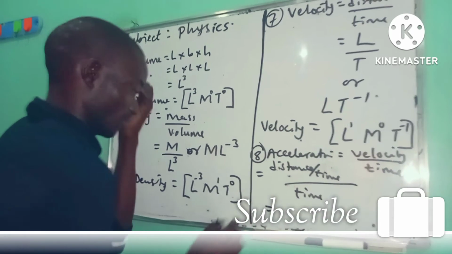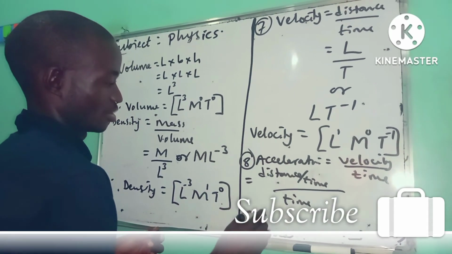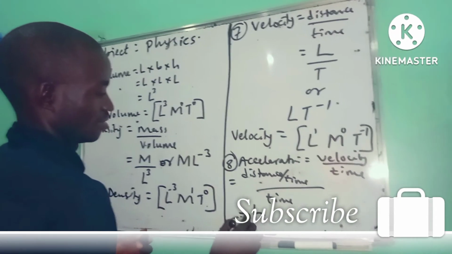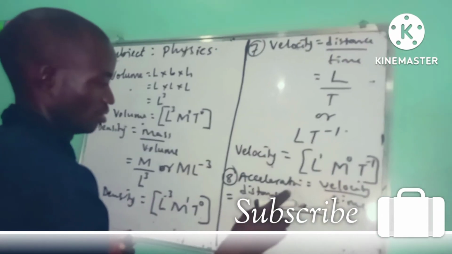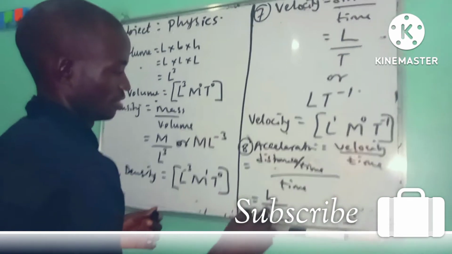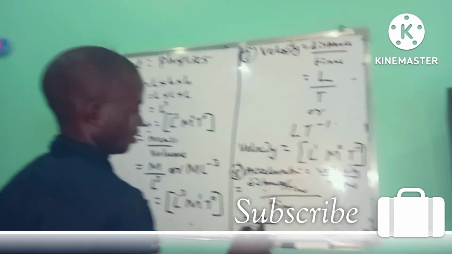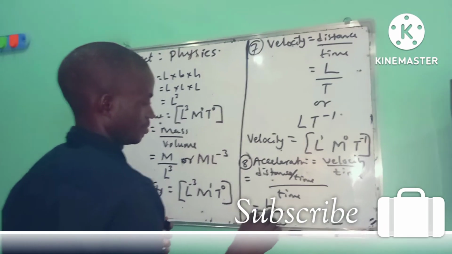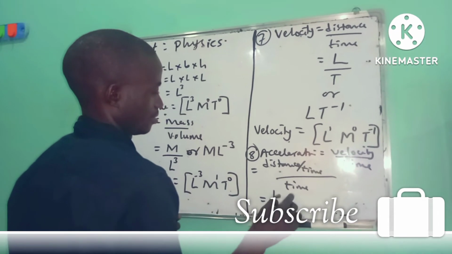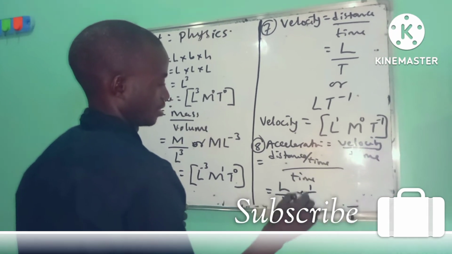This distance now is expressed in terms of L, upon, when you apply the mathematics, you have time, this time, times 1 over t.